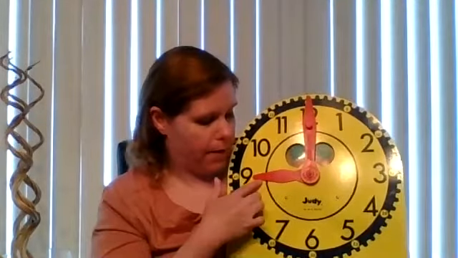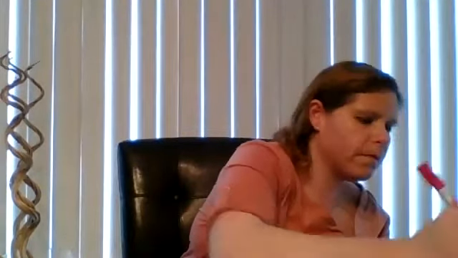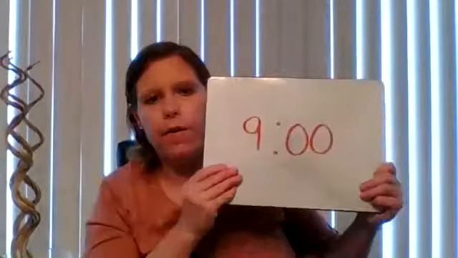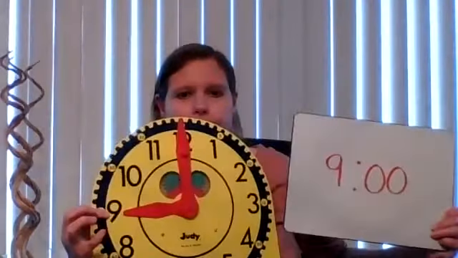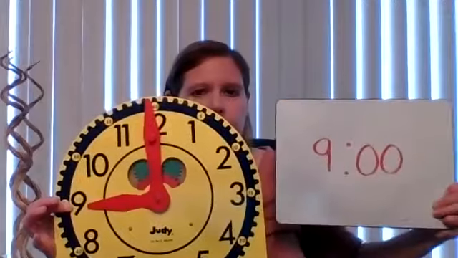So how would we write that on the clock to show 9 o'clock? On the analog clock, we have hour hand, minute hand. Digitally, to write it, we would do a 9 and 0 minutes to show 9 o'clock. Analog, digital.